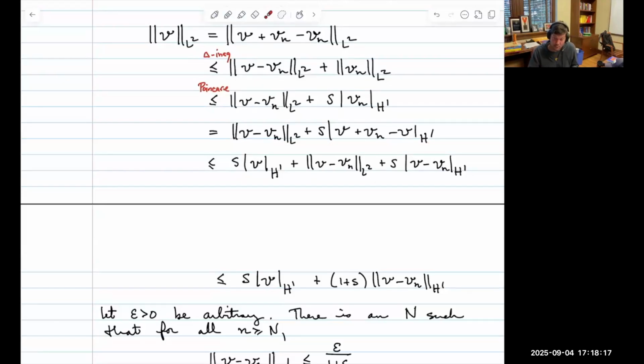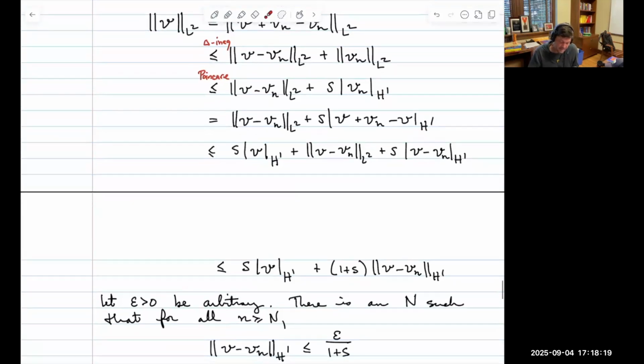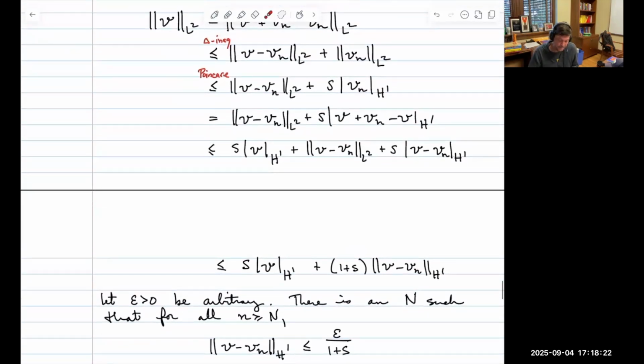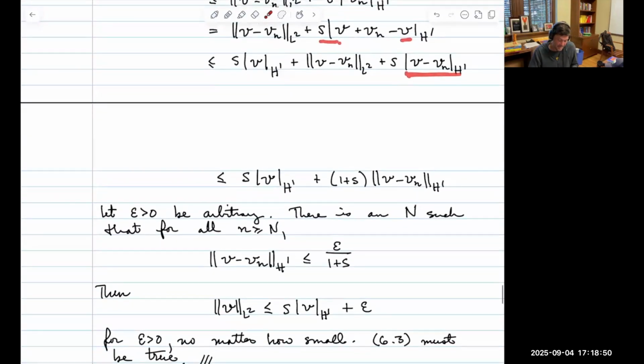It's not exactly a norm per se, but it still has the triangle inequality property. I want to apply it in such a way that I get out the H1 seminorm of V, with a prefactor of S, and then a new term from the difference comes along as well.